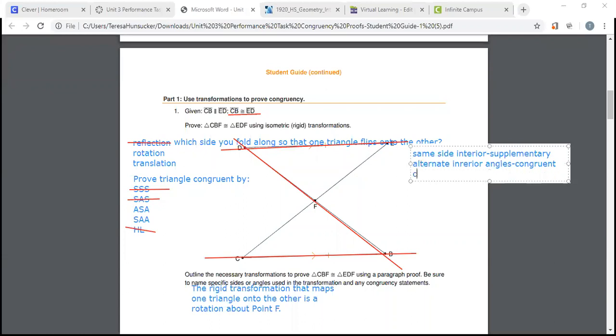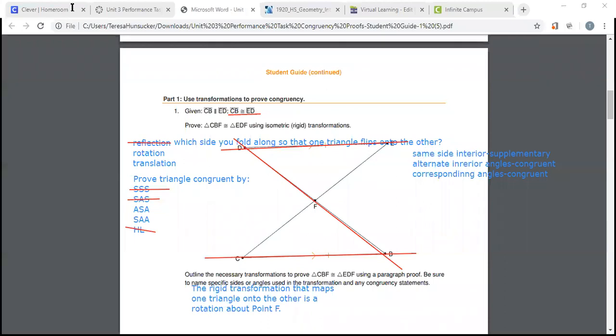There are corresponding angles, and those are congruent. The only special pairs that are supplementary are same side interior and same side exterior. And then same side interior, corresponding, alternate interior. All right. So those 3 pairs we're going to focus on.